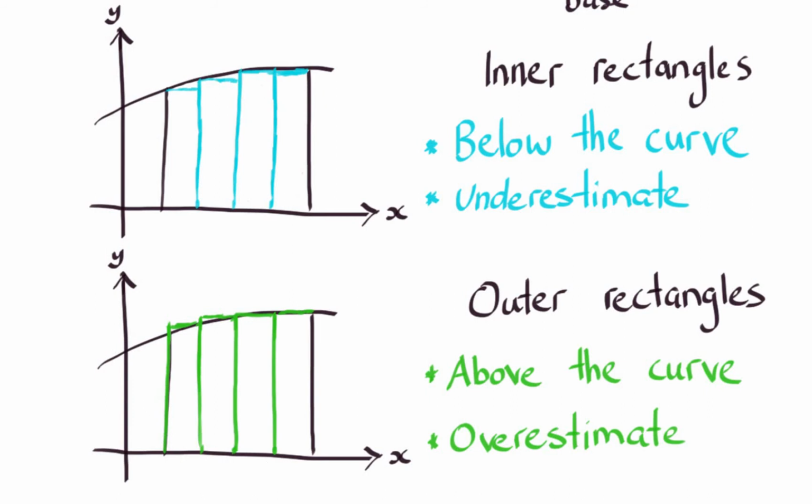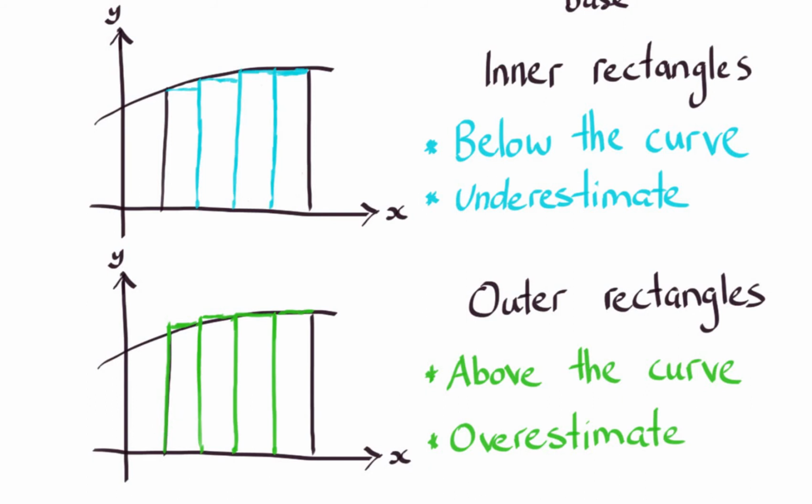If we wanted to be more accurate, we could just go for more rectangles, 5, 6, 7, 8, 9, 100, right? And the more rectangles we have, the closer and closer our approximation will become to the exact value underneath this curve.